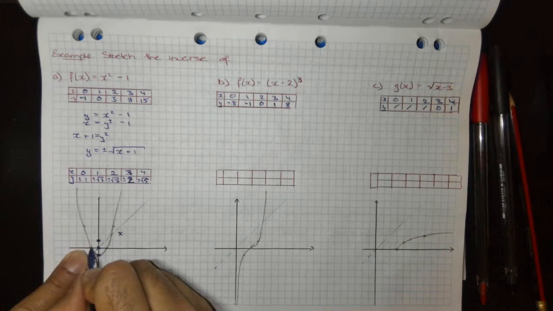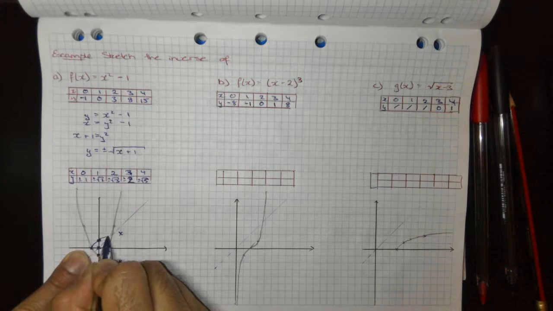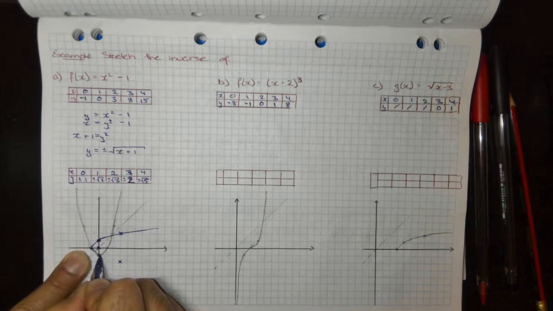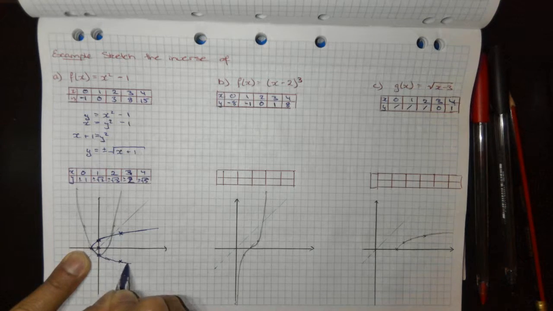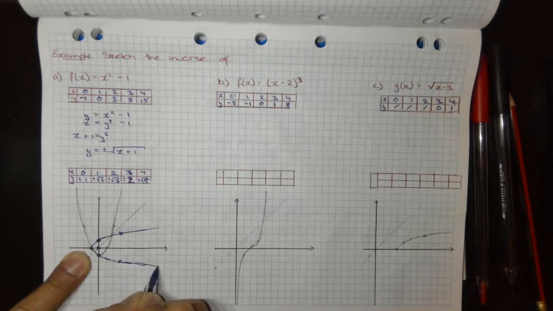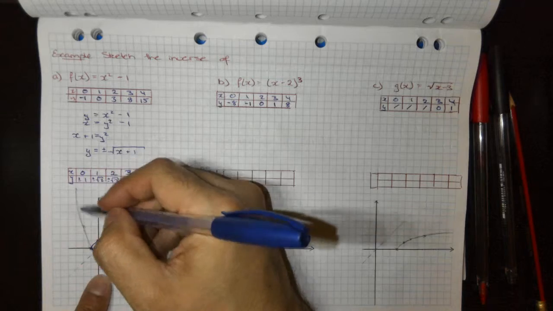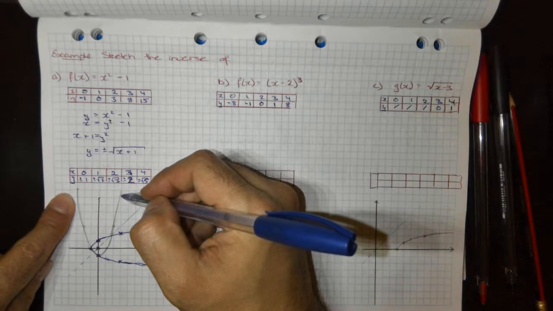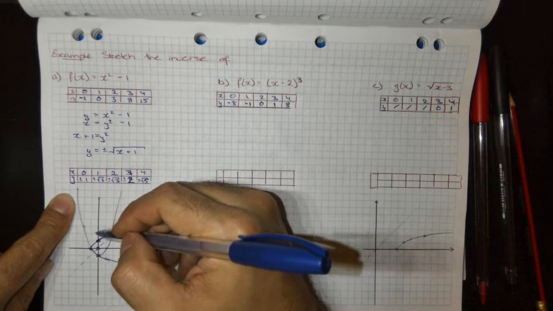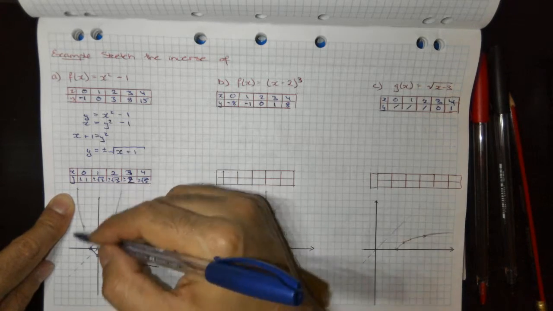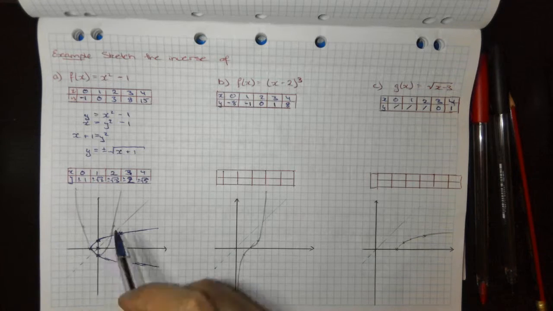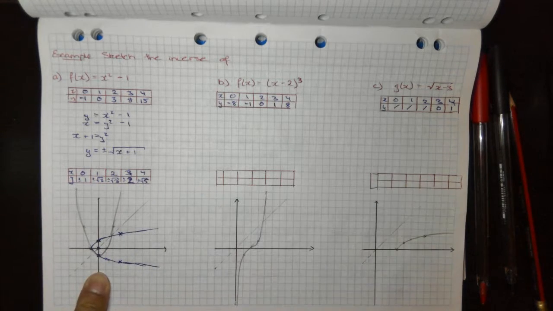So we get this inverse. The original function was a function, but as it did not pass the horizontal line test, it created a relation.